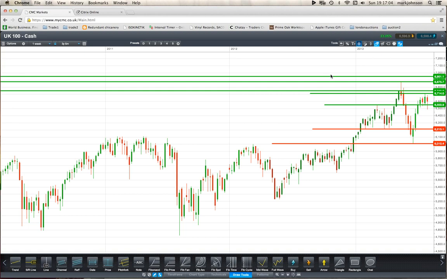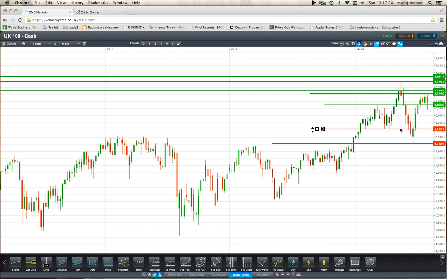So that's basically, we've got at the top 6951, the all-time high. We've got 6875, this year's high. Then we've got a recent high which was 2 weeks ago. Another high at the beginning of the year, and that's it on the weekly.